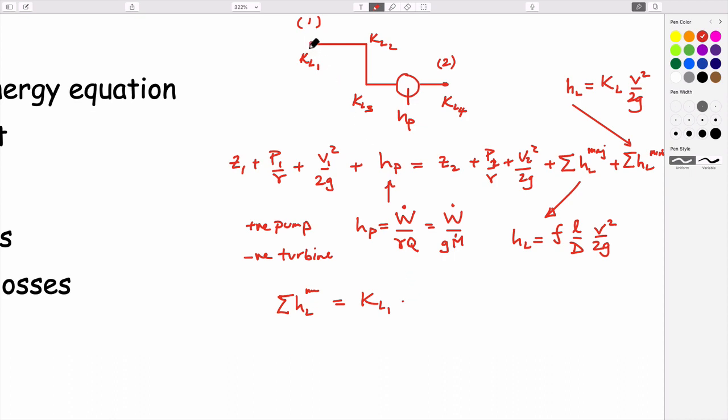And if this is a single pipe of the same diameter, the velocities in all of these components have to be the same by continuity. So we could write them individually as this.